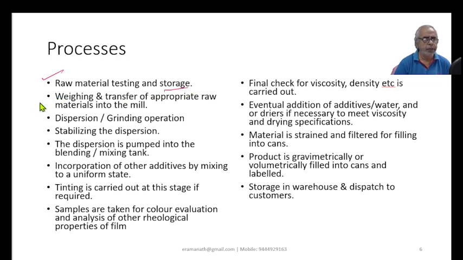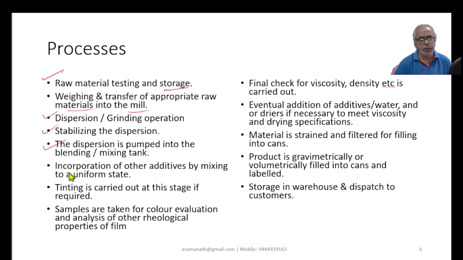Then we need weighing and the transfer of appropriate raw materials into the mill. Then the dispersion and grinding operation, and then we need to stabilize the dispersion. And the dispersion is pumped into the blending or mixing unit.